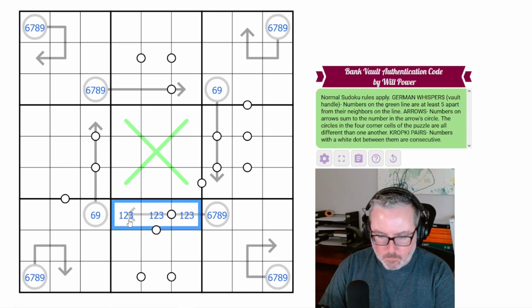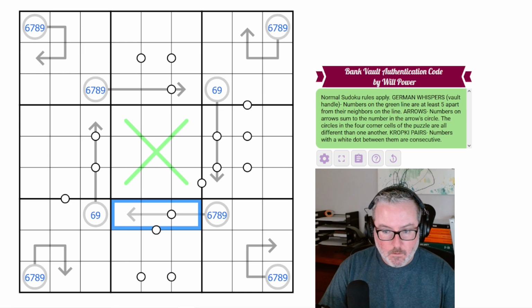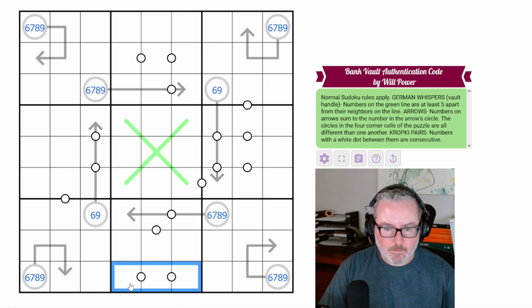So that seems like it could work. If we had a 7, it would be a 1, 2, 4. This would be a 4. This would be a 3. And again, we have the same concept. Anything from 5, 6, 7, 8, and 9.